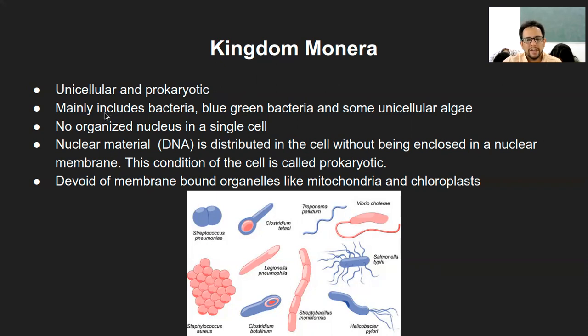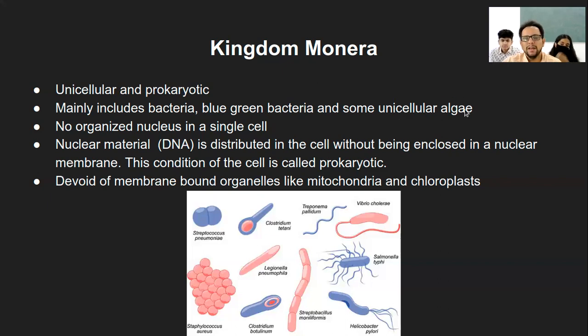So it mainly includes the bacteria, which you all know what bacteria are. Blue-green bacteria, these are one specific type of bacteria which were one of the most primitive bacteria. We will see some of these examples, and some unicellular algae which are prokaryotic.